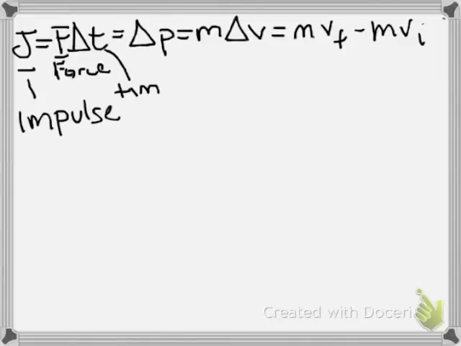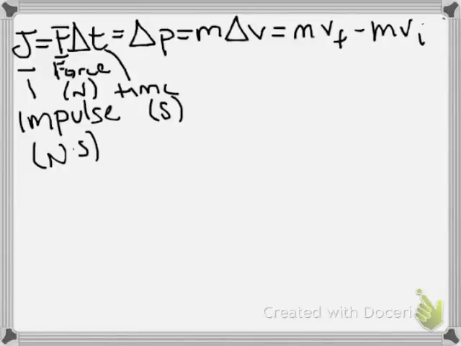So Newton times second. That's how we measure that. Then J equals a change in force times time. We all know that force is measured in newtons. Time, how do we measure time? In seconds. Momentum, now that's something we talked about last time. How do we measure it?